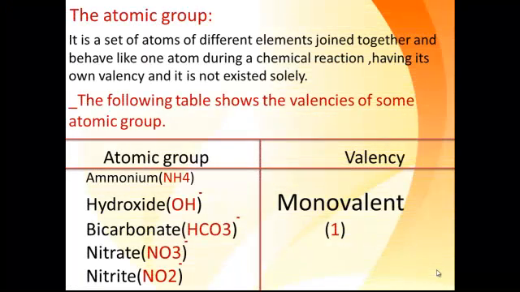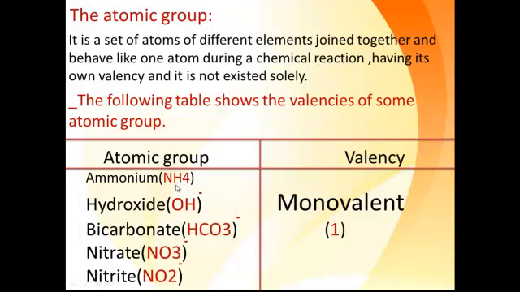The atomic group. To understand the meaning of the atomic group, let's study some examples to understand the concept. Example number 1, ammonium group. The ammonium group, as you can see, consists of one nitrogen atom linked with four hydrogen atoms.